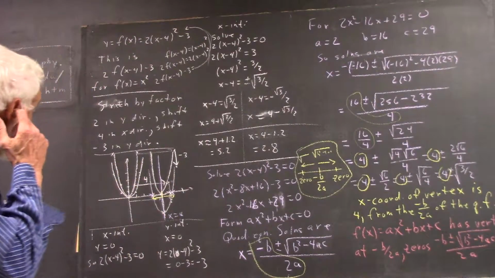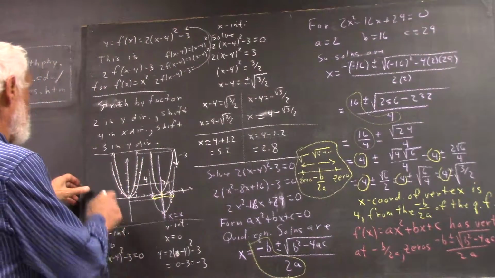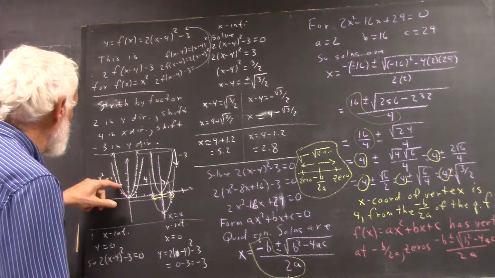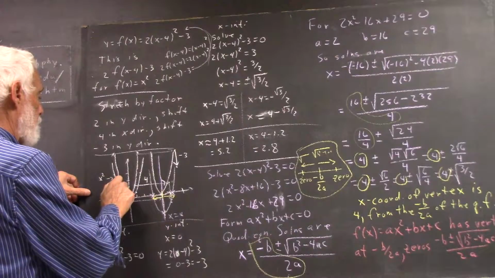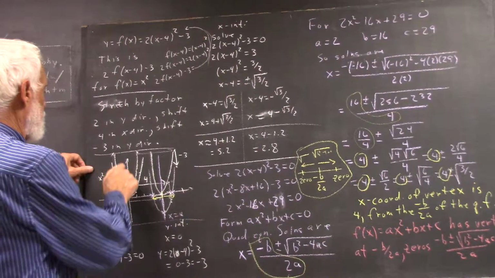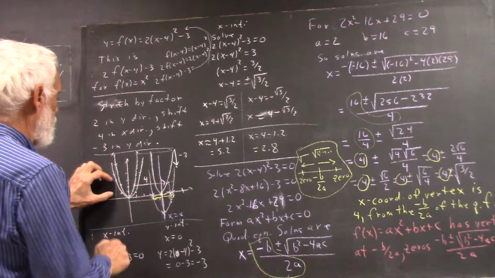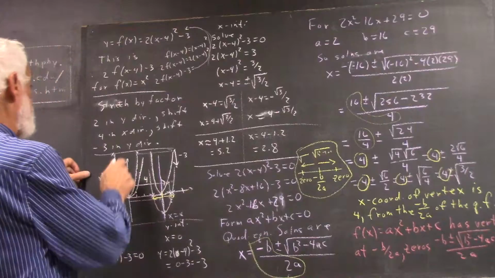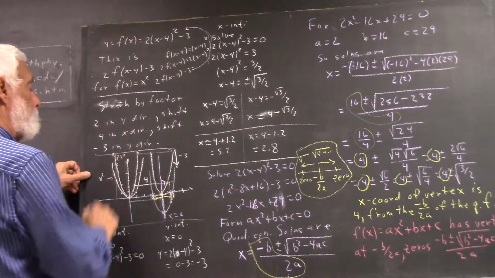Okay, so that's our set of transformations. We start with the x squared function. We double the distance of every point on this graph from the x-axis, so that for this point, we get a point that much further from the x-axis, and we get the graph of 2x squared.